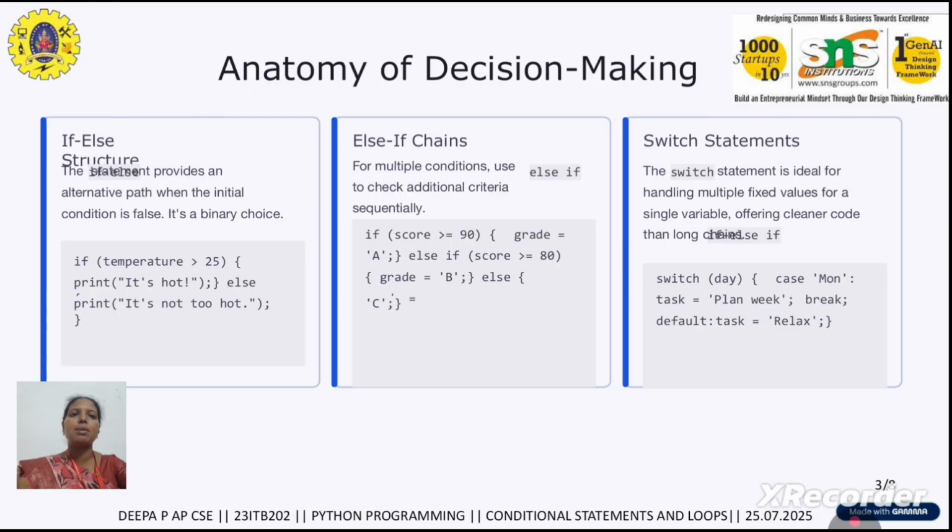The next decision making structures are the if else structure, the else if chain structure, and the switch statement structure. The if else structure provides an alternative path when the initial condition is false, a binary choice. In the example, if the temperature is greater than 25, print "it is hot", else print "it is not hot".